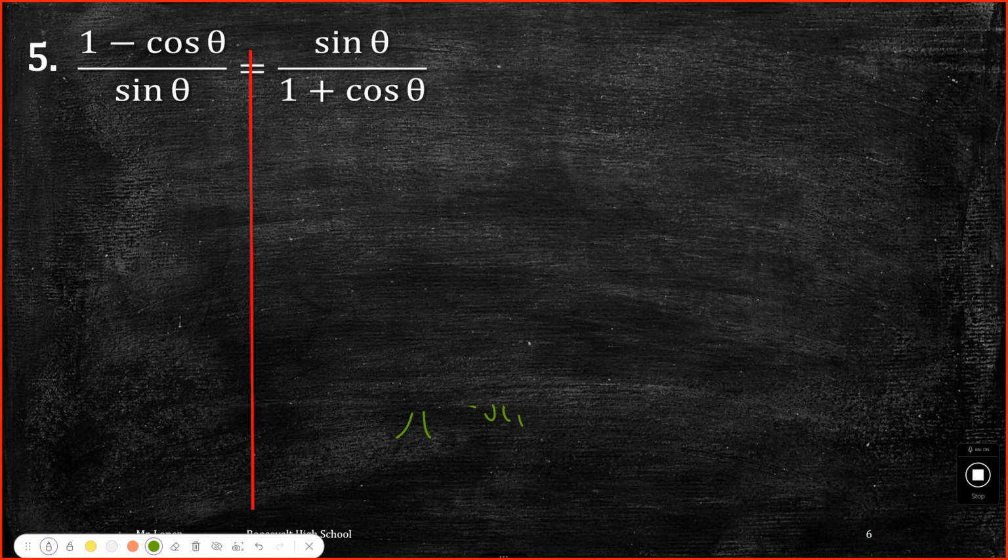That's the reason why I'm going to use the conjugate. So I'm going to multiply the top and the bottom by what? What's the conjugate of 1 plus cosine theta? 1 minus cosine theta.